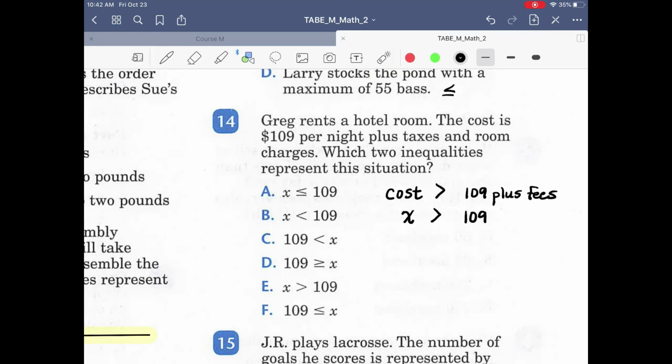And that is happening at C. It's also happening at E. Remember, you can reverse these. But if you write them in the different order, you have to reverse the sign also. So either of those could be the answer. These are tricky. When they ask for two of them that say the same thing, that's tricky.